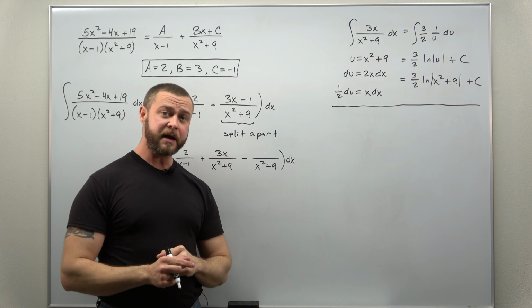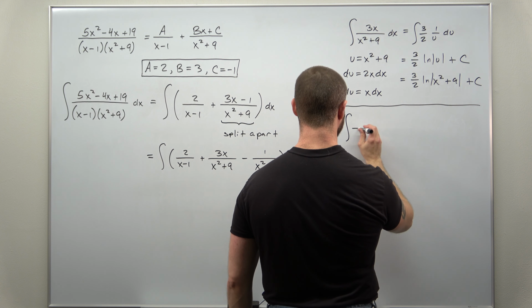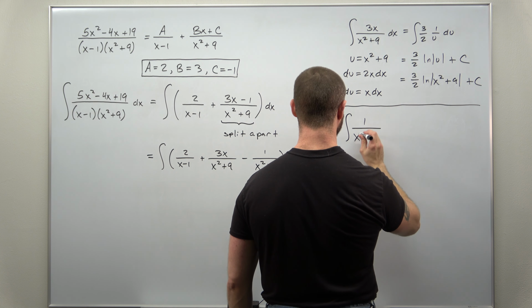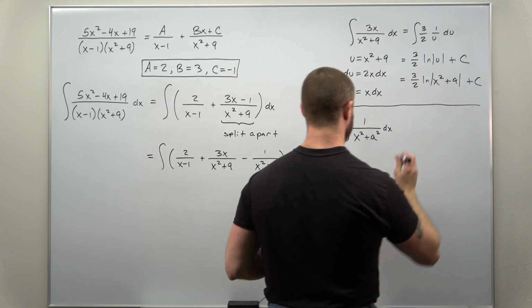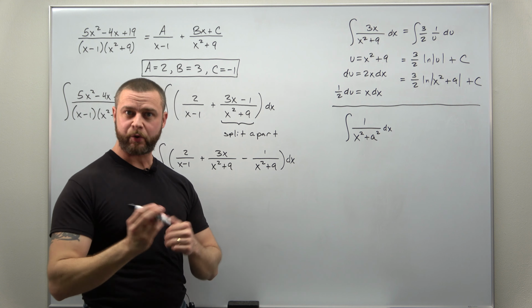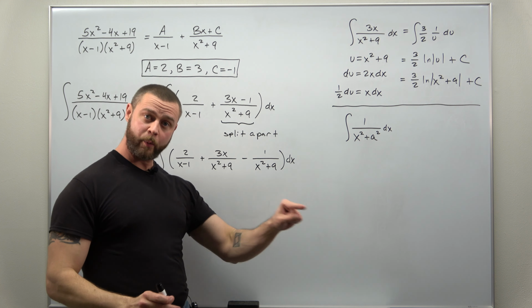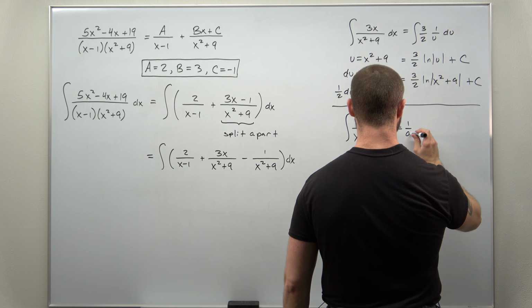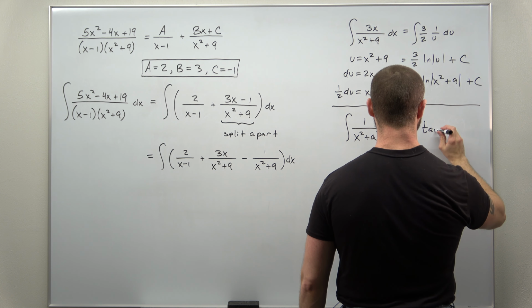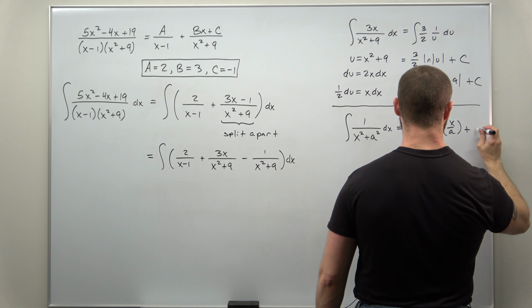So you'll definitely want to make use of this formula, and it is the integration formula for the integral of 1 over x squared plus a number squared, a squared. All right, the formula here, this integrates to 1 over a times inverse tangent of x over a.